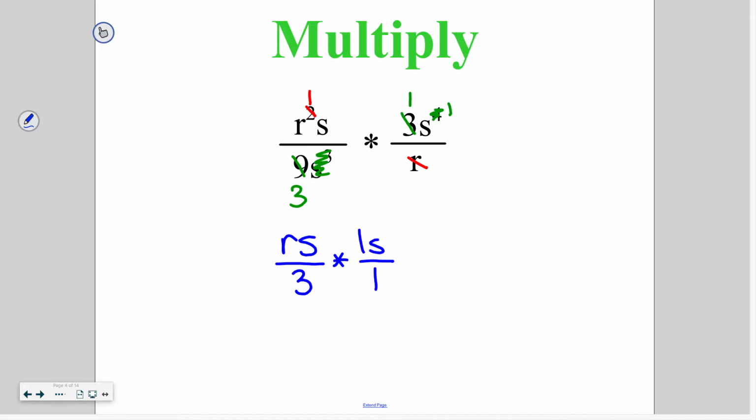So now we're going to multiply our numerators. We've got rs times 1s, which gives me 1rs squared, or just rs squared, over 3. So we've got our cross-canceling. Then we multiplied the numerators, multiplied the denominators, and there's nothing else to simplify at the end.